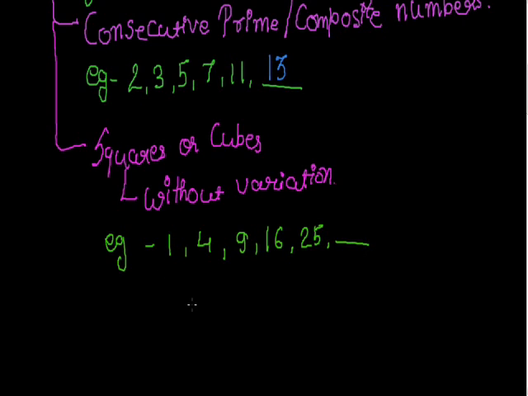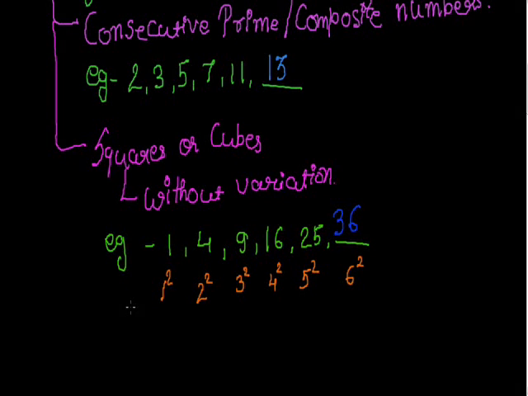So here the first number 1 is square of 1, 4 is square of 2, 9 is square of 3, 16 is square of 4, 25 is square of 5. So our next number will be square of 6, that is 36. So our answer will be 36.